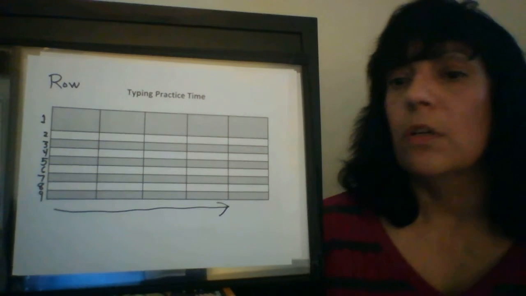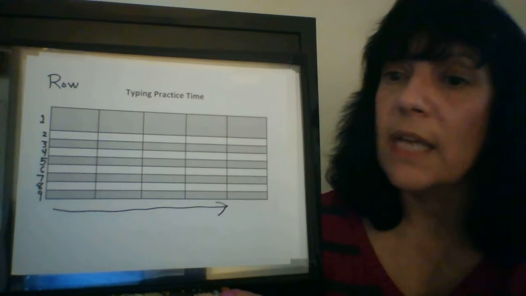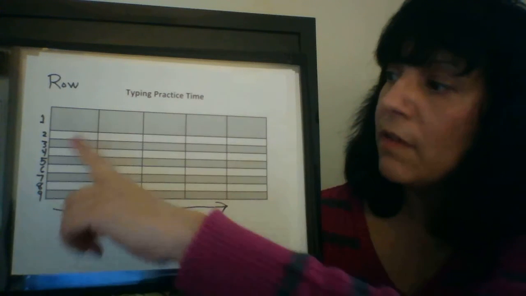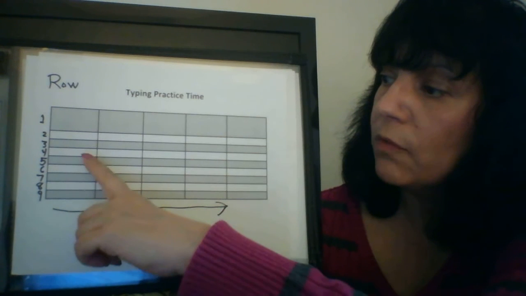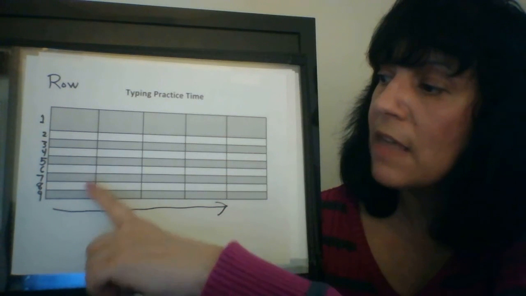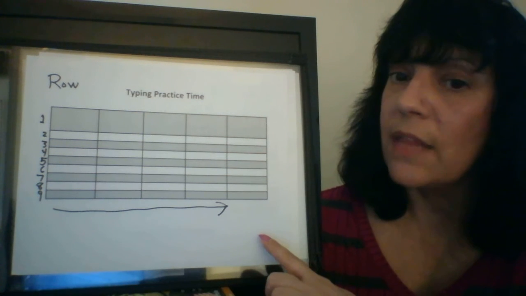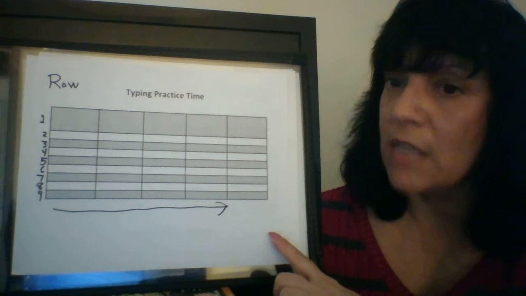The rows are going to organize the information horizontally. In this case, we have 1, 2, 3, 4, 5, 6, 7, 8, 9 rows, and they will organize the information horizontally.